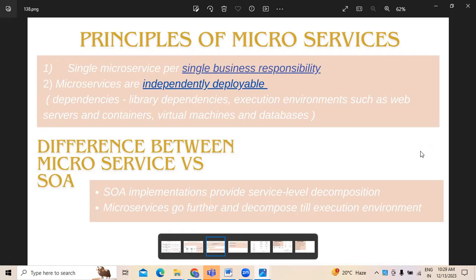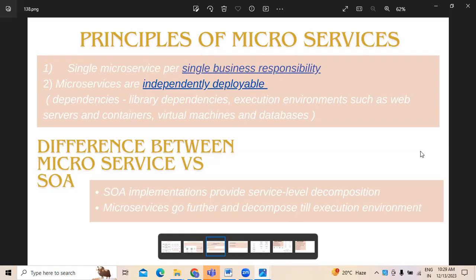Right. So coming back to the point, the major difference between microservices and service-oriented architecture is that SOA implementations majorly provide service level decomposition, as I told you. It's majorly focusing on the service level aspects. Whereas when it comes to microservices, it's a micro level understanding over the implementation.